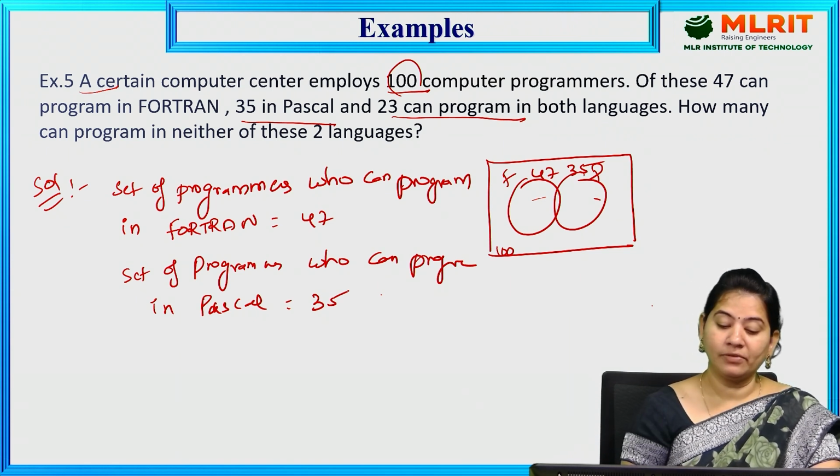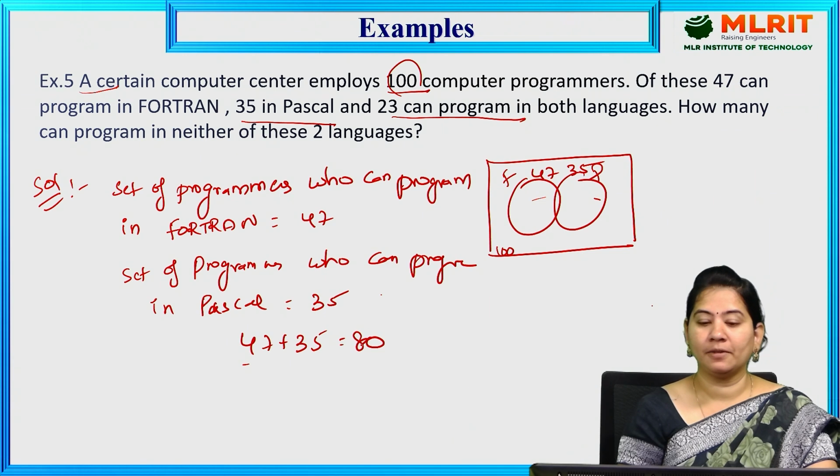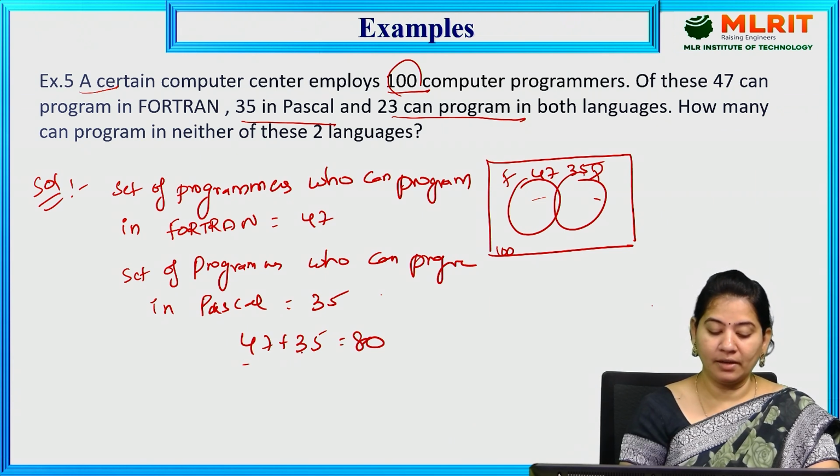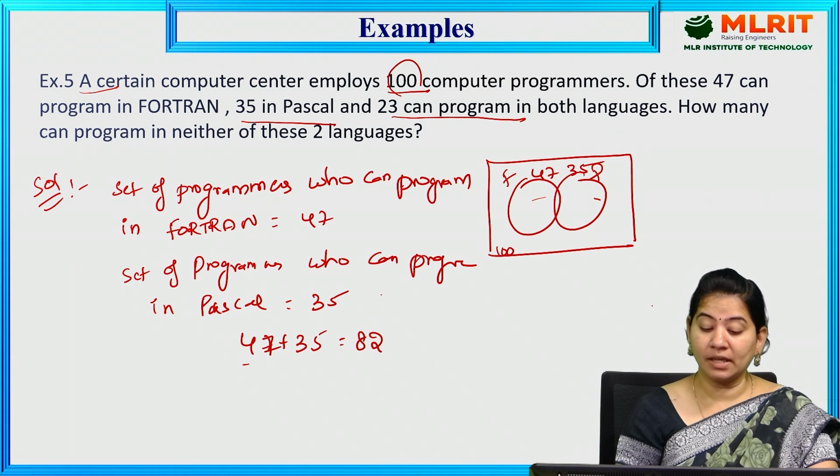So now 47 plus 35, what will you get here? You will get 82. These are the members who can program in the languages.